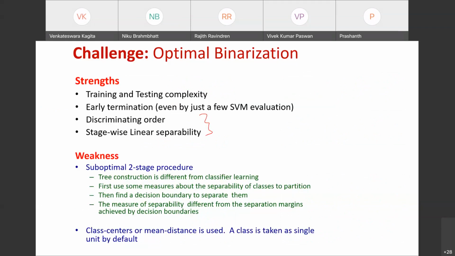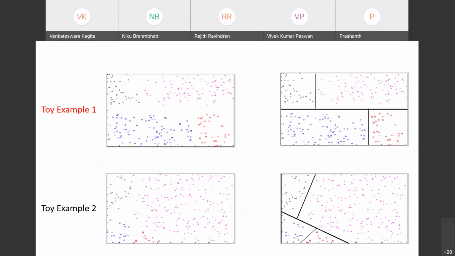So discriminating order and stage-wise linear separability, we'll see this. If you see this toy example, this is one class, this is the second class, 3, 4. If you apply one against all, is this linearly separable? Can you learn and classify like this or like this without misclassifying anything? No, right? It's not possible.